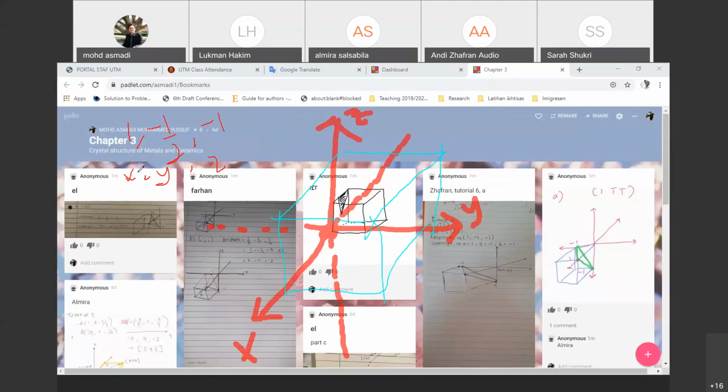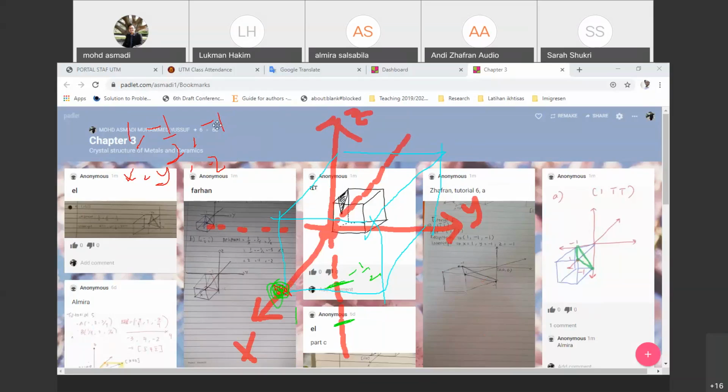So x is positive, 100% towards out of the paper, so it should be this point. Then the Y direction is equal to negative half. If this one is 100%, this one is 50%, or negative half.